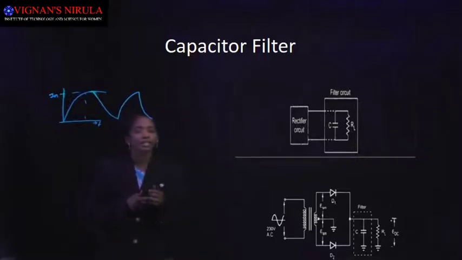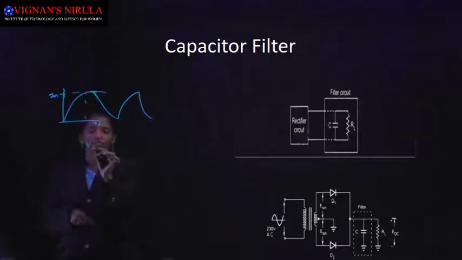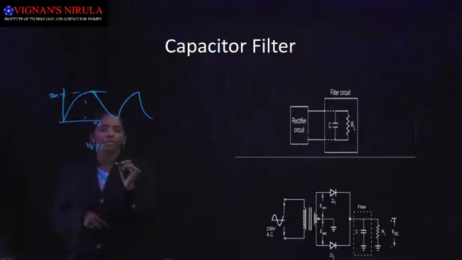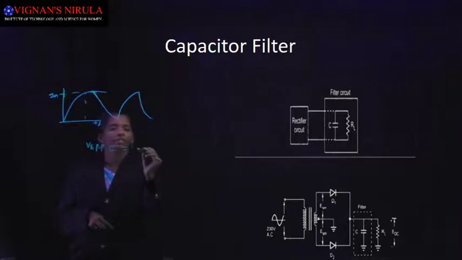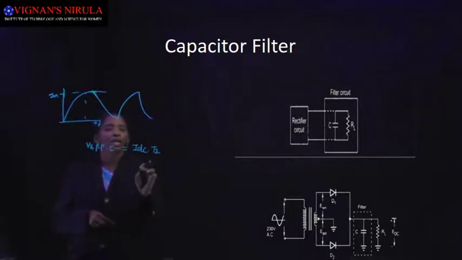Here the energy acquired by the capacitor during the positive half cycle, until it goes to the peak value, is VR peak to peak into C. VR peak to peak into C equals IDC into T2. This is the energy acquired by the capacitor during the positive half cycle, and it is equal to the energy lost by the capacitor during the negative half cycle.